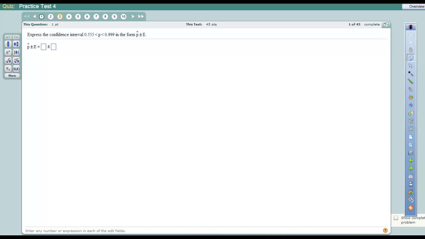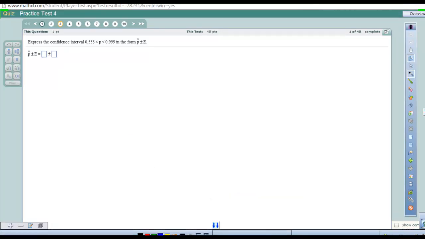All right. Express the confidence interval 0.555 to 0.999 in the form p hat plus or minus e. This is really good because you need to understand what the confidence interval tells us about the point estimate and also the margin of error. The point estimate is always going to be at the very center of our interval.